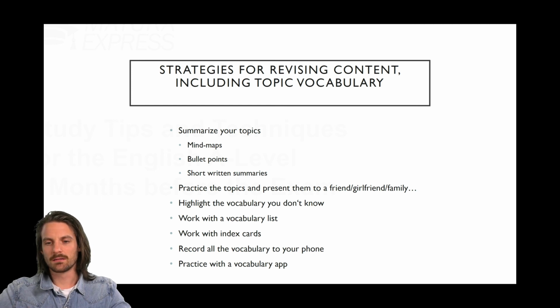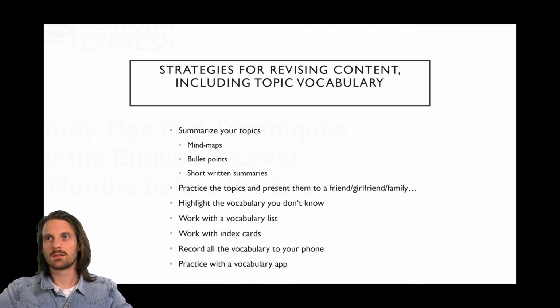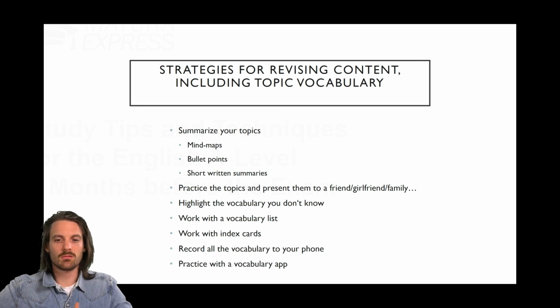Yeah, revising vocabularies. Actually, if you've written down everything, you might write a poster or a big sheet of paper where you write all the words on them where you need to improve with content, vocabulary, of course, and practice that with a friend, girlfriend, and so on.